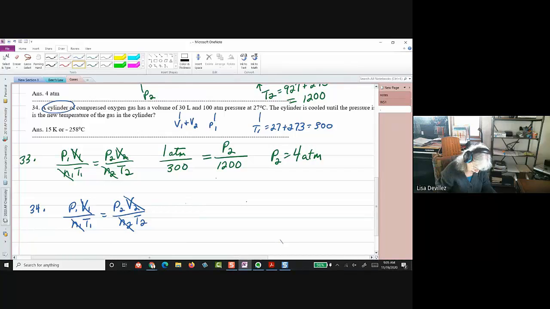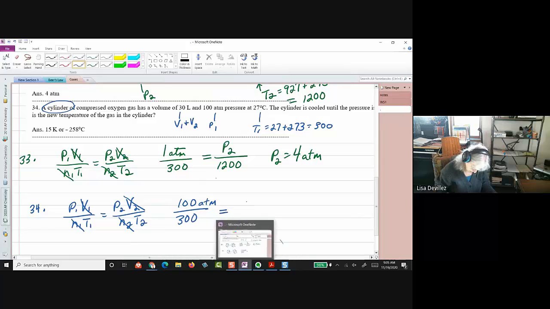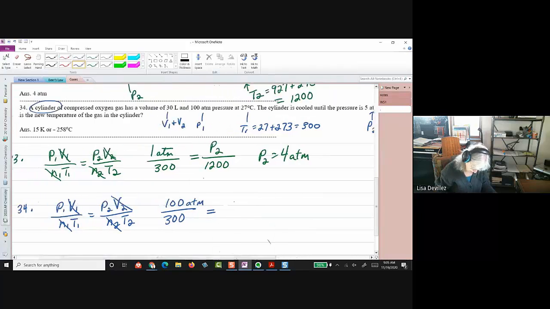So I get 100 atm over 300 Kelvin is equal to 5 atm over T2. So 5 times 300 divided by 100. So I get that T2 is 15 Kelvin.